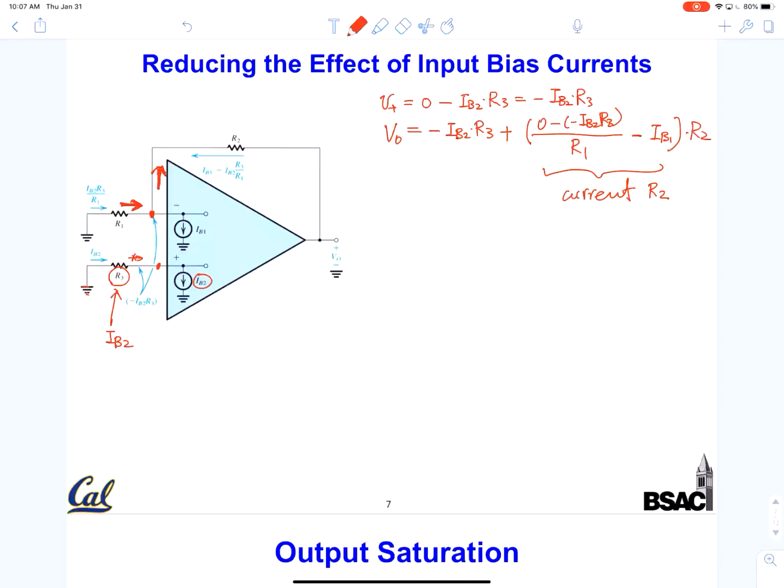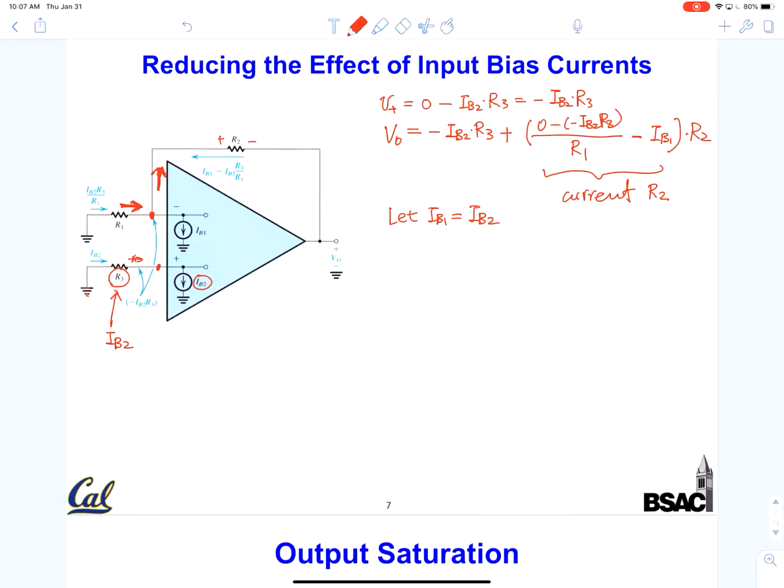So that's the voltage drop across this R2, and we get our V out, okay? And so to analyze this, we first let IB1 equal IB2. So they are finite, but let's treat them the same first.